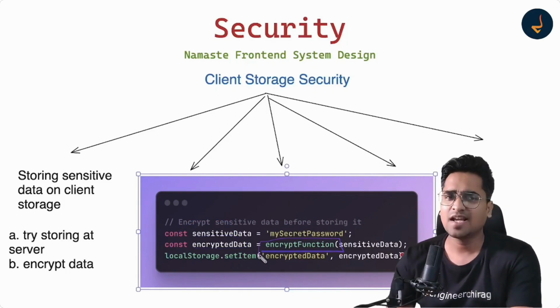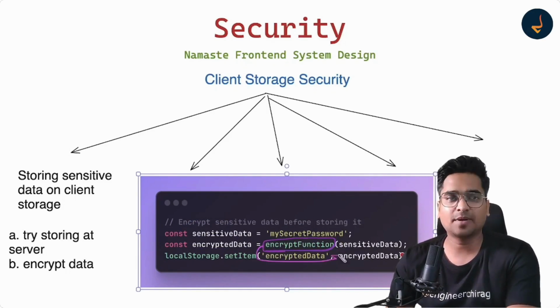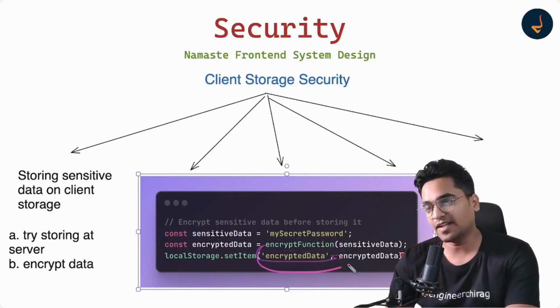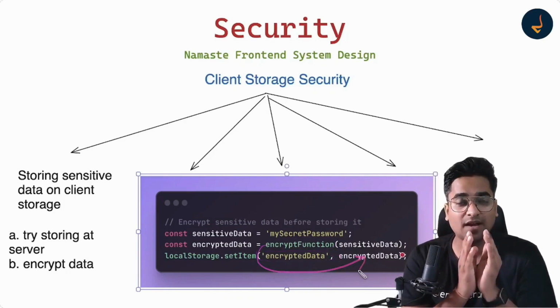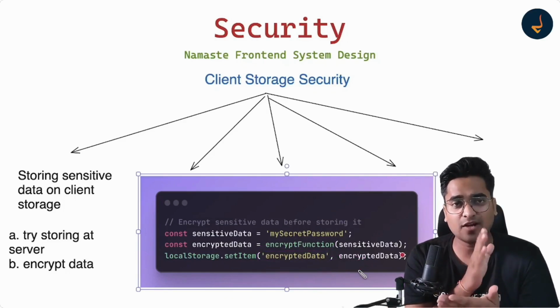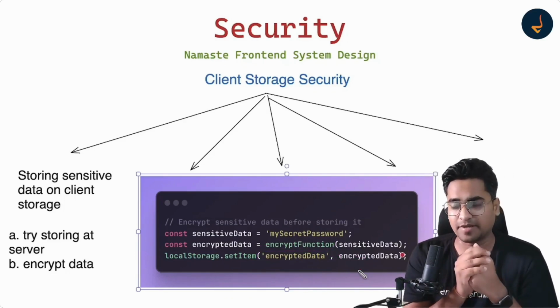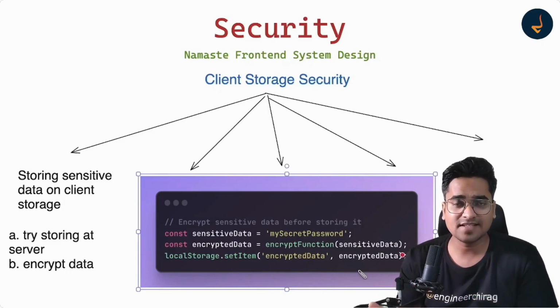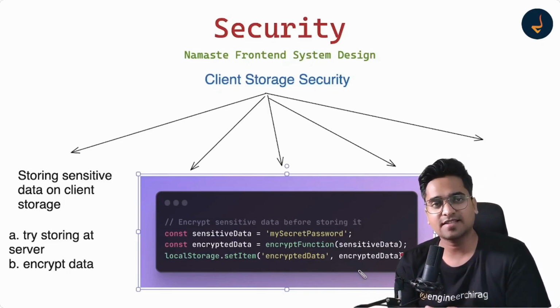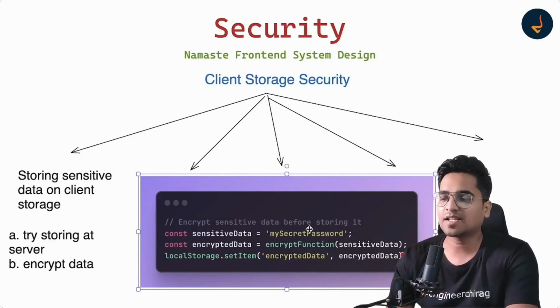It can be cryptographic, it can be any such thing where you can encrypt and decrypt it if required. So you put it in the encrypted format so that anyone who has direct access to the data may not be able to derive it until they know the algorithm, the salt, in order to decrypt it. Now, there are always chances that it can be leaked because all of these things are done on the client, but still it's a bit safer bet as compared to the other bet that we have.